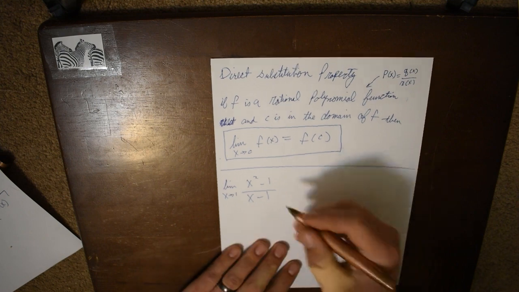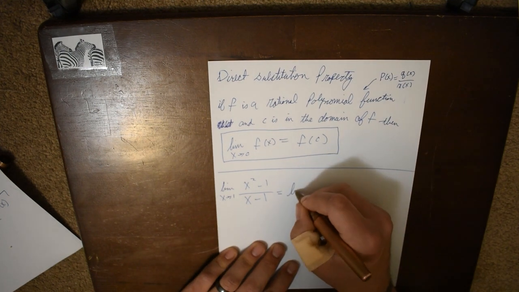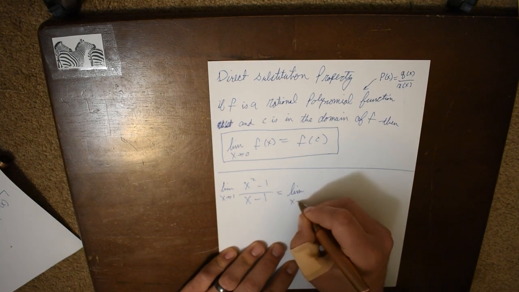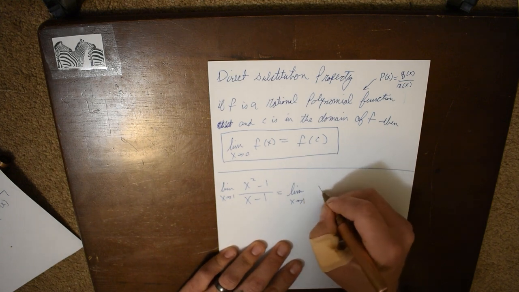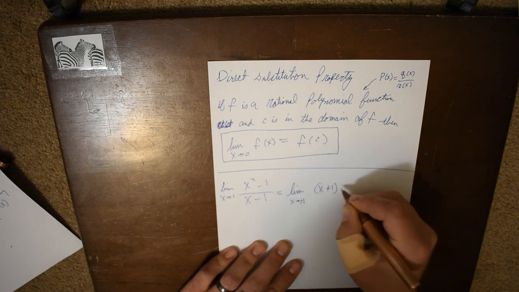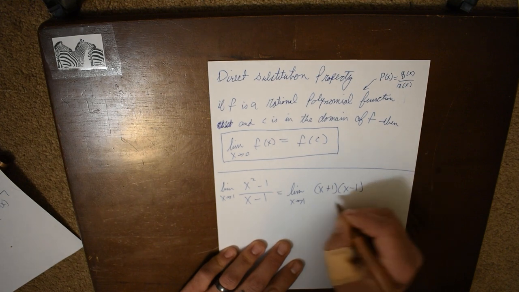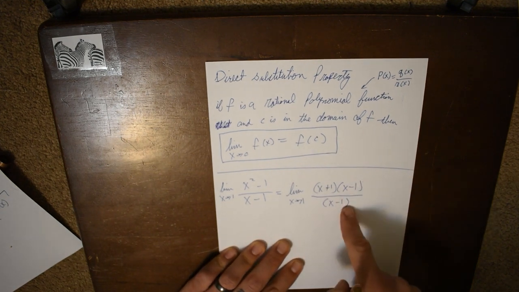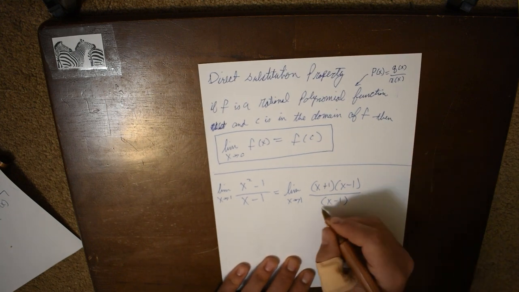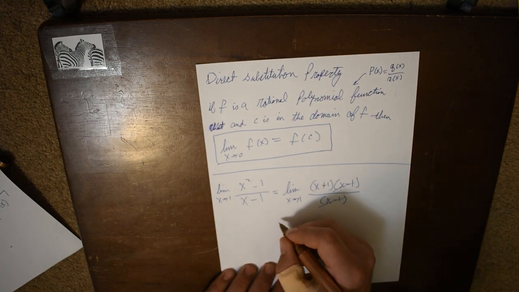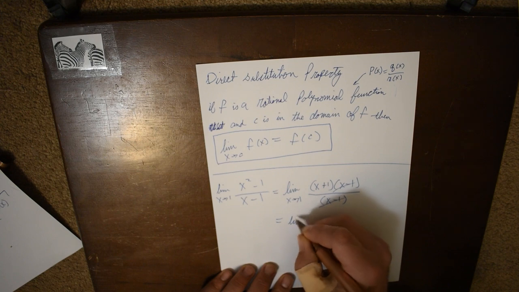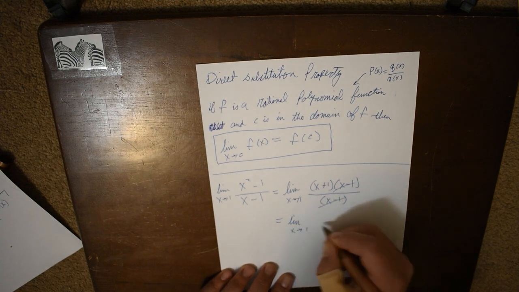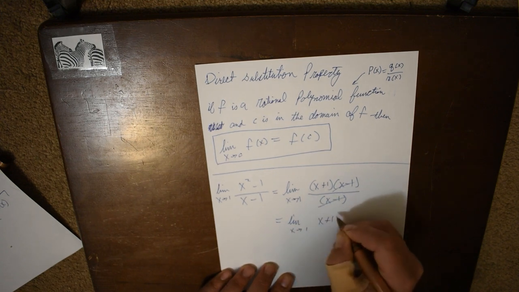But if we factor the numerator, this thing is equal to the limit as x approaches 1 of x plus 1 times x minus 1, all divided by the quantity of x minus 1. We've got the same factor top and bottom. Those will cancel each other out. This is equal to the limit as x approaches 1 of x plus 1.